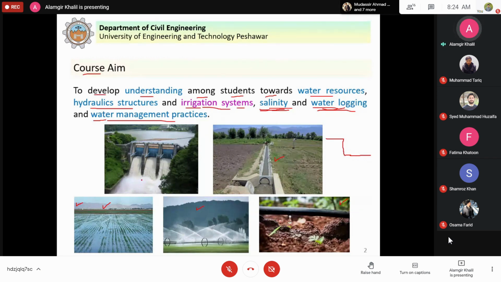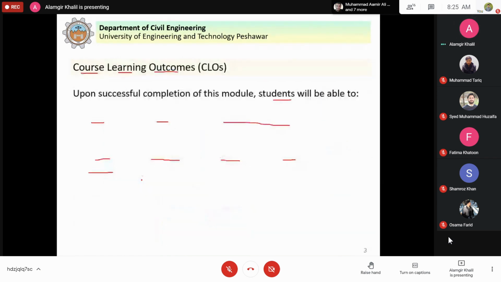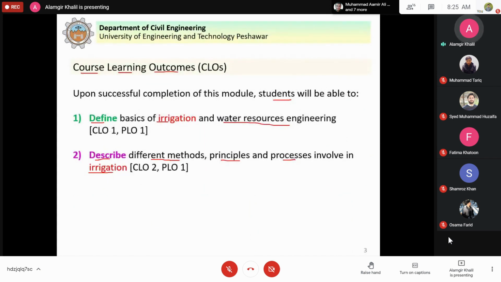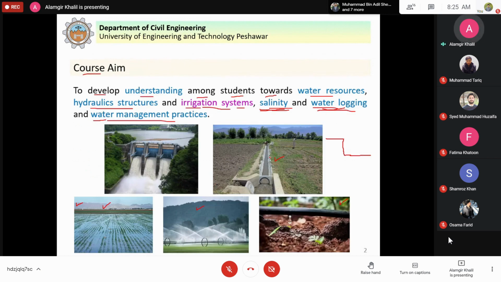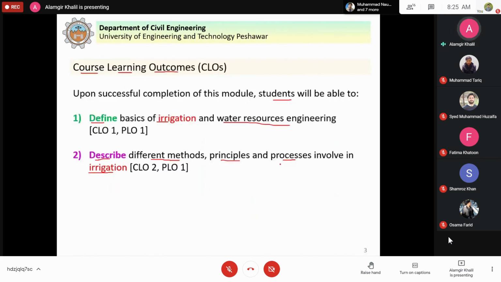The principles and processes involved in irrigation: for example, you see here, we have this canal. We should be able to describe the different theories that will be used to design these irrigation canals, the different processes involved in irrigation.